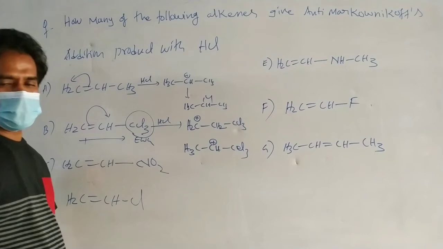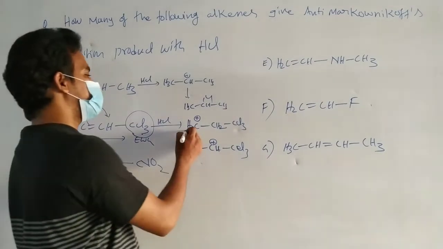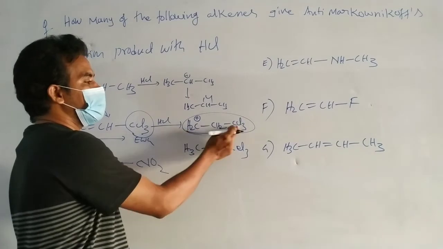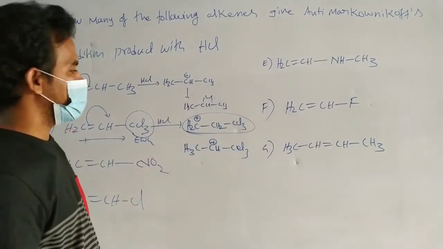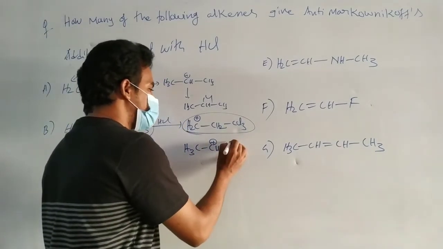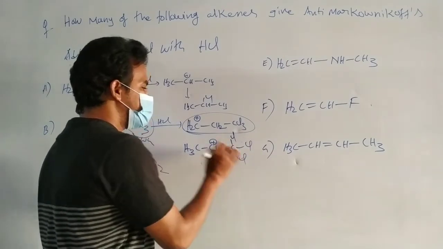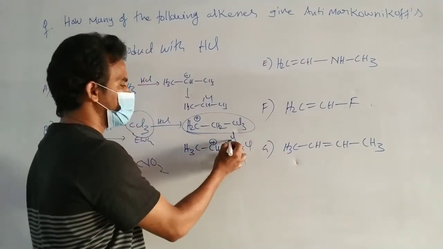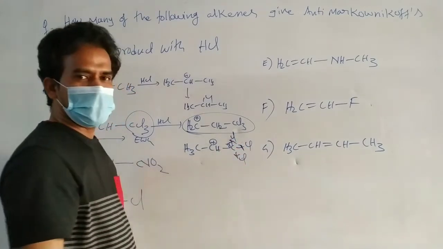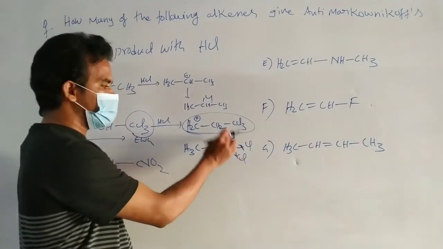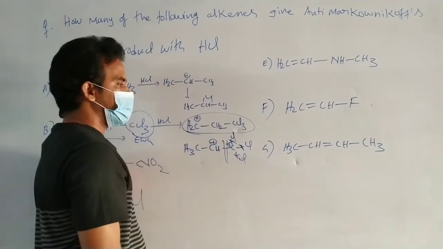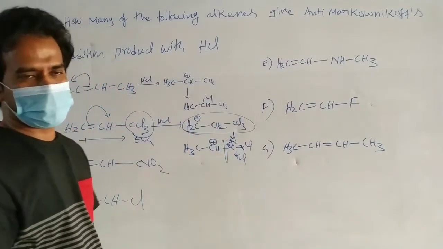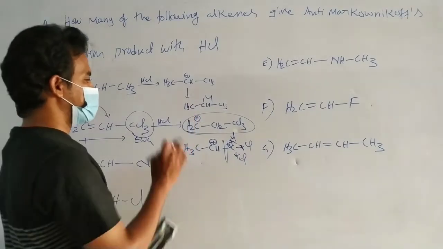Between these two, which is more stable? The first is more stable because this positively charged carbon is away from the CCl3. If the positive charge is adjacent to the CCl3, there is already a positive charge, because the Cl groups are electron withdrawing groups, and the charges repel each other. But here the two positive charges are not adjacent, so this cation is stable.